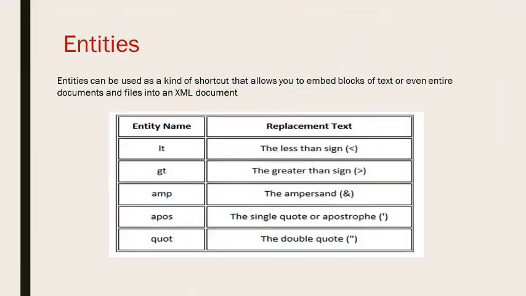Next, let us take a look at something called entities. Entities are like constants in languages. They will simply be replaced by the intended meaning or description. They are used mainly in an XML document to avoid ambiguity. For example, if you want to insert data in an element which includes a less than symbol, this is impossible in an XML document with the actual less than symbol.